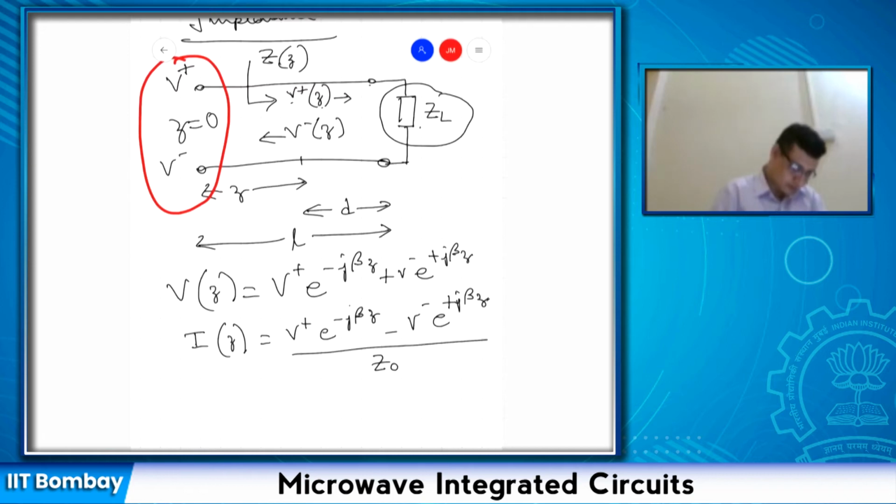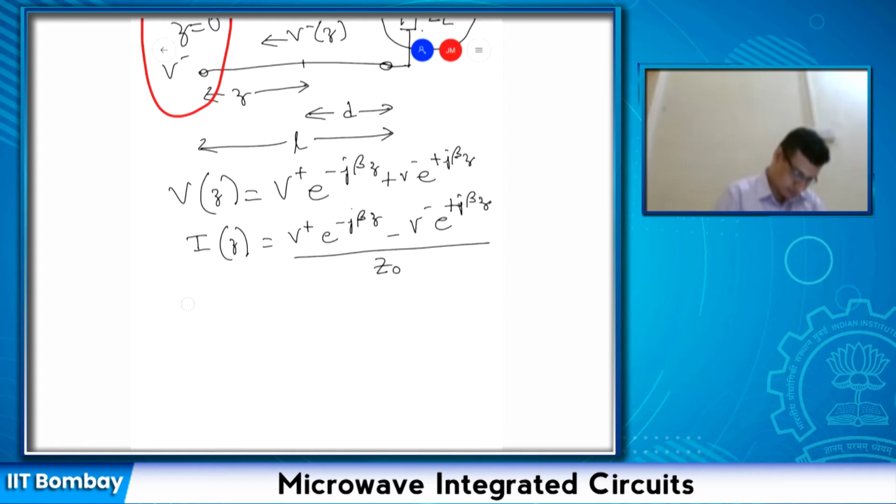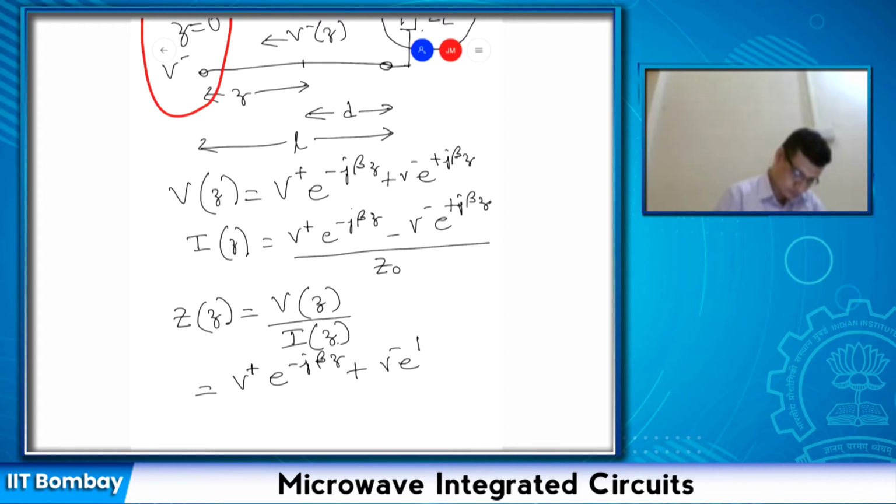So the value of impedance, capital Z in terms of z, will be equal to V(z) upon I(z).